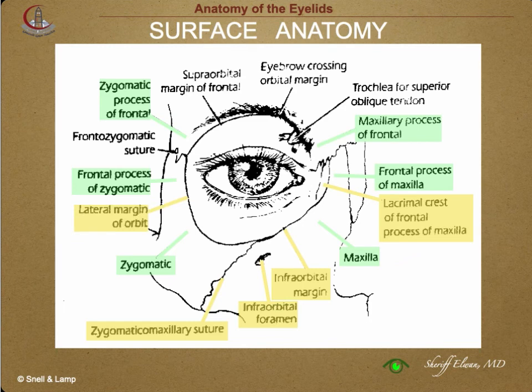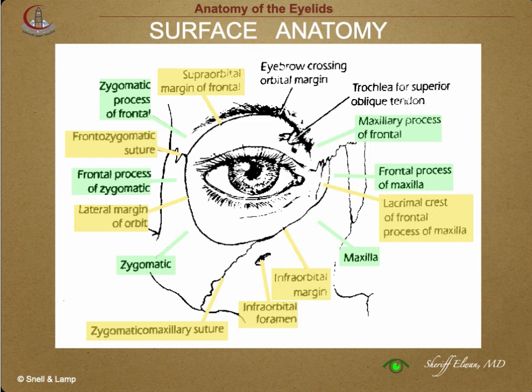Following through to the lateral orbital margin, you may feel the suture between the frontal process of the zygomatic bone and the zygomatic process of the frontal bone at the junction of the upper 1/3 with the lower 2/3 of this lateral orbital margin. And then you may carry on to feel the supraorbital margin, which is part of the frontal bone.